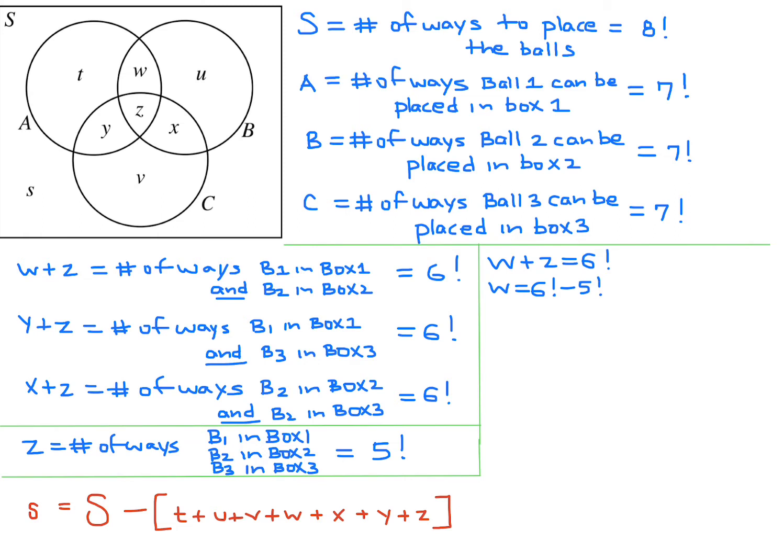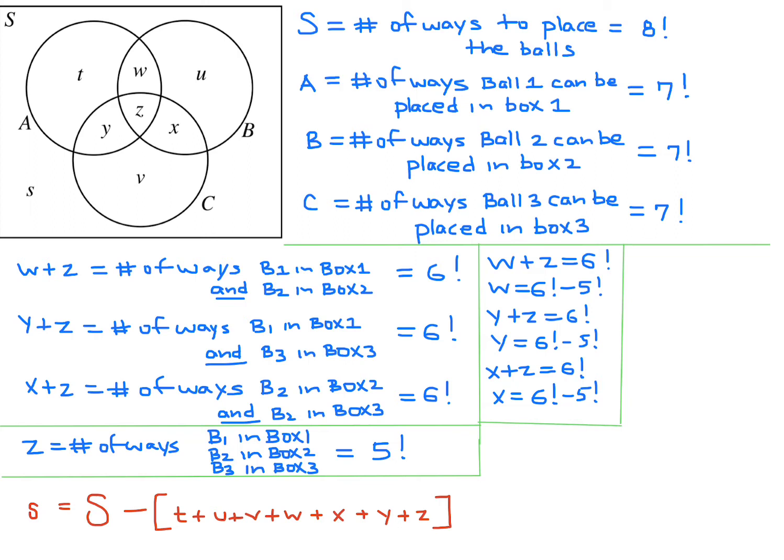In a very similar way, I can use the next equation, Y plus Z is equal to 6 factorial, to isolate for Y, and that again is also 6 factorial minus Z, which is 5 factorial. And also in a similar way, I can use X plus Z equals 6 factorial to isolate for X. That's going to be 6 factorial minus Z, which is 5 factorial. All right, so we got those ones all down.